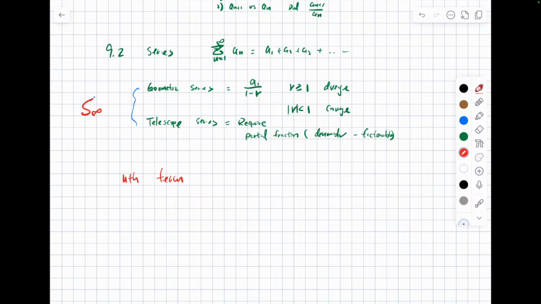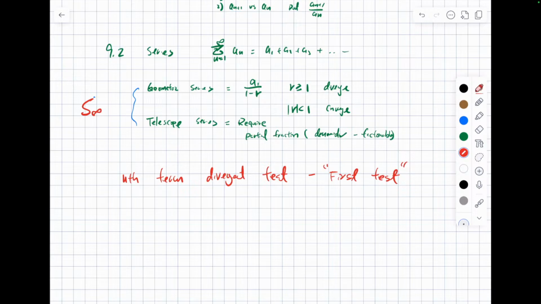Another thing is the n-term divergent test. It should be the first test you run. First test. Why should you do this first? Because it's the easiest, and it's also going to tell you it's diverge. If it's diverge, there's nothing else you need to do, because for converge you have to have a lot of different options, right?